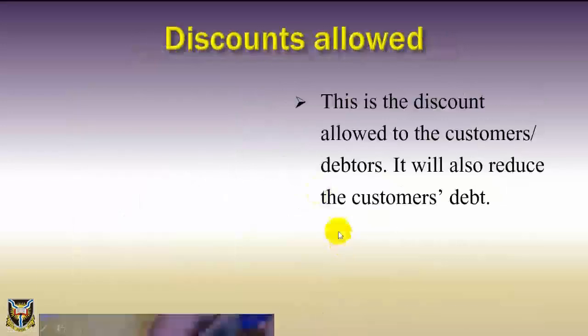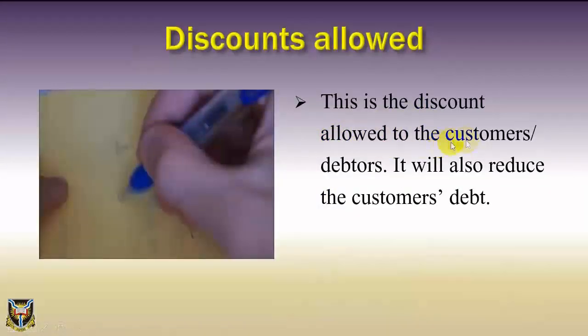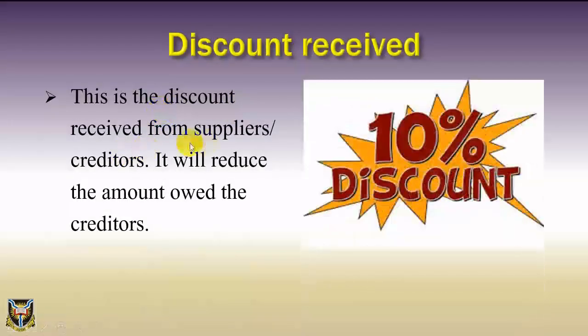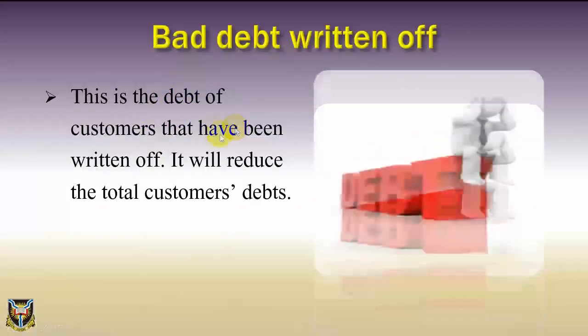Discounts allowed. This is the discount allowed to the customers to debtors. It will also reduce the customer's debt. Discount received. This is the discount received from suppliers to creditors. It will reduce the amount owed the creditors. Bad debt written off. This is the debt of customers that have been written off.